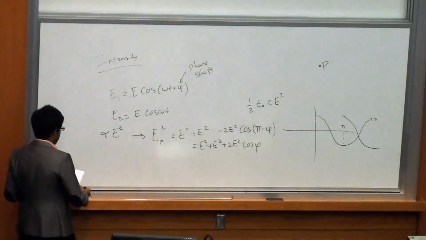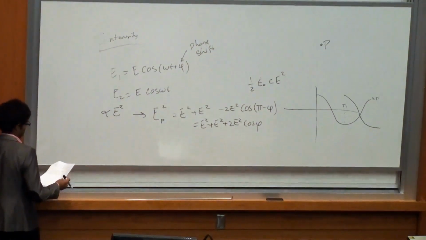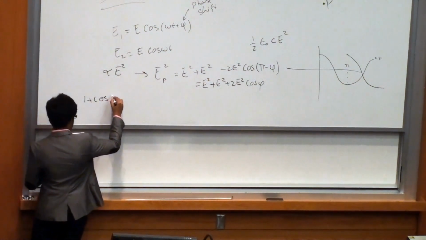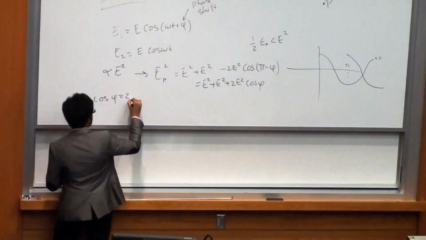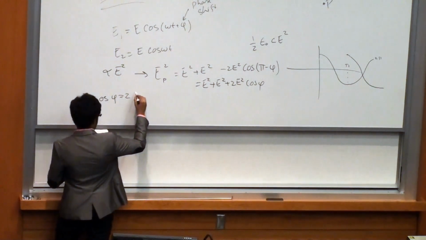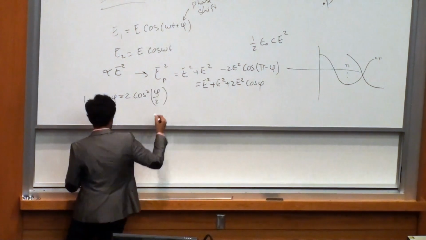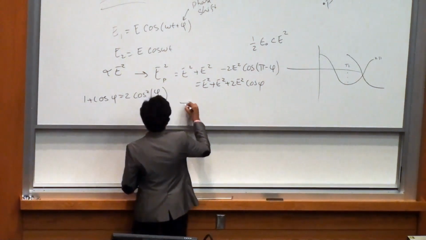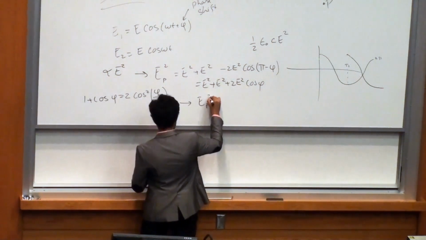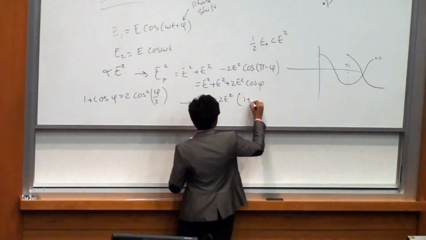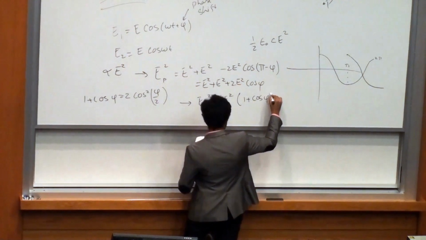So I can use the half angle identity here, which is 1 plus cosine of phi equals 2 cosine squared of phi over 2. When I use that, I get E_P squared equals 2 E squared times 1 plus cosine of phi.